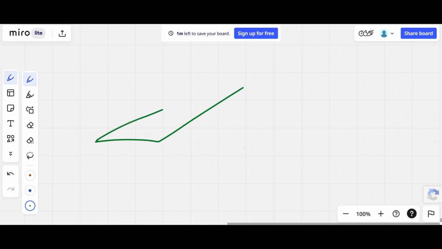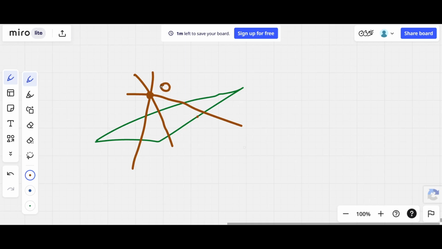Now if I make the perpendicular bisector of this side, it is like this. Perpendicular bisector of this side and this one. What did you observe? Kids, what did you observe? The circumcenter is outside of the triangle. Yeah, the circumcenter is outside. That is one important point.